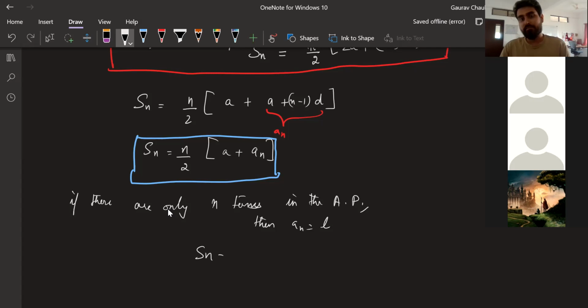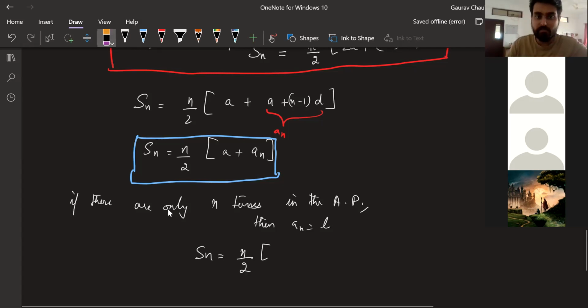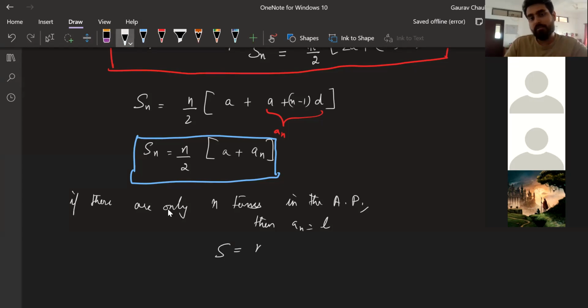So your Sn can also be written as n by 2. No, don't write Sn here. You write it as S is equal to n by 2 into A plus L. This is another way of writing the same formula.